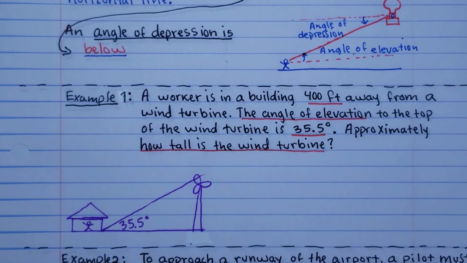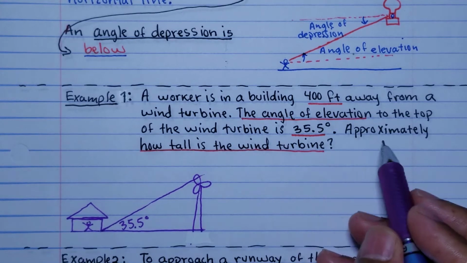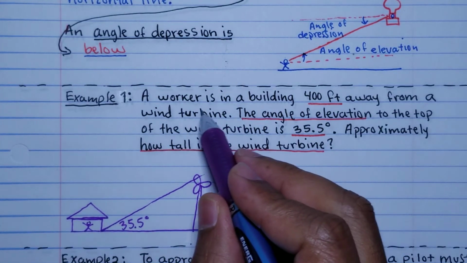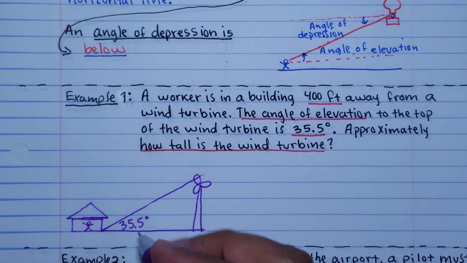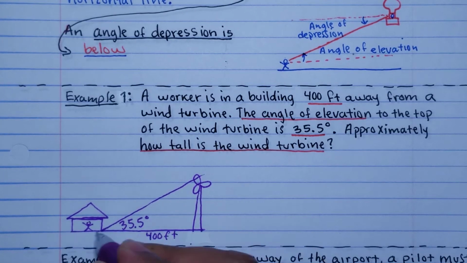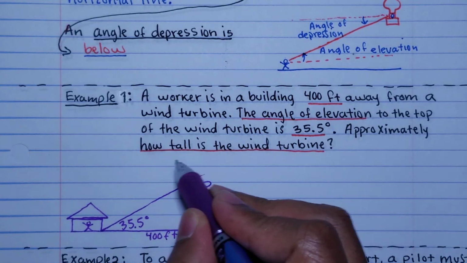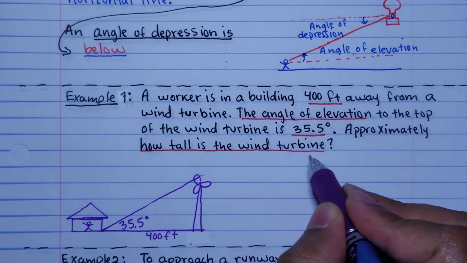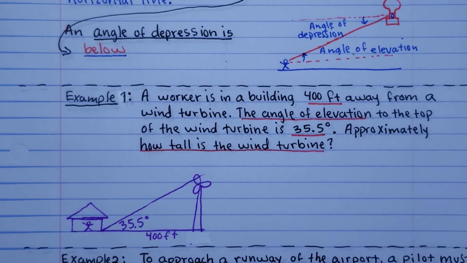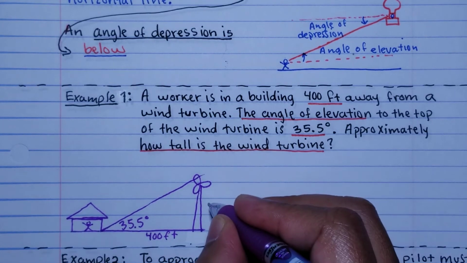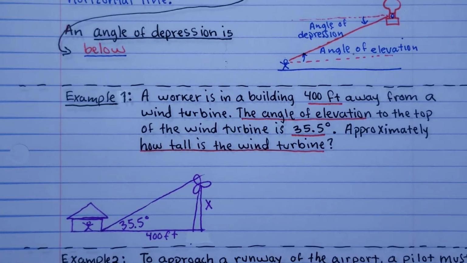So there's the angle, and then we're also told that the worker is in a building that is 400 feet away, so that means that this is 400 feet. So from here to the wind turbine, 400 feet, and what they want us to find is the height of the wind turbine. So this will be x, what we don't know.